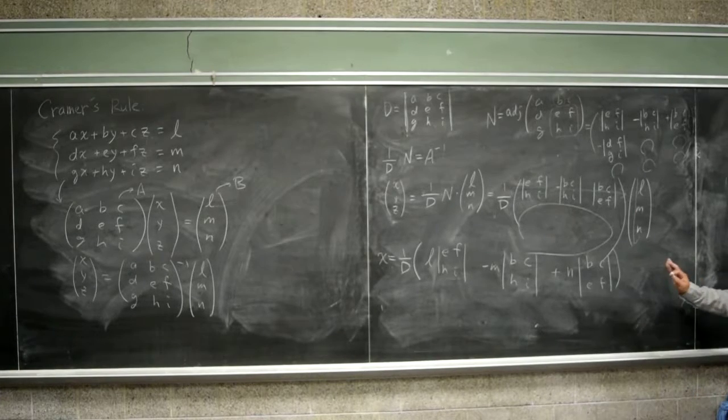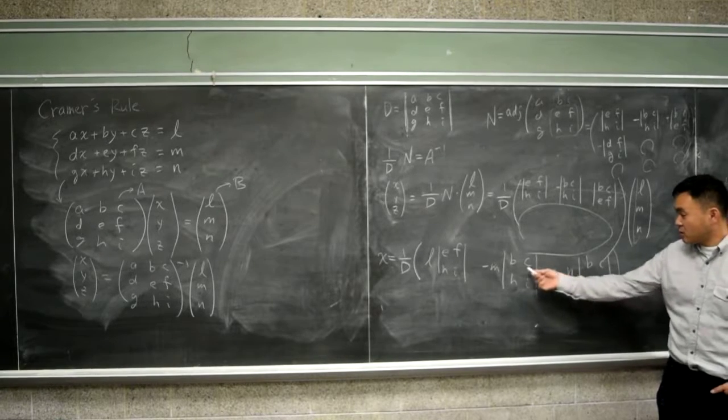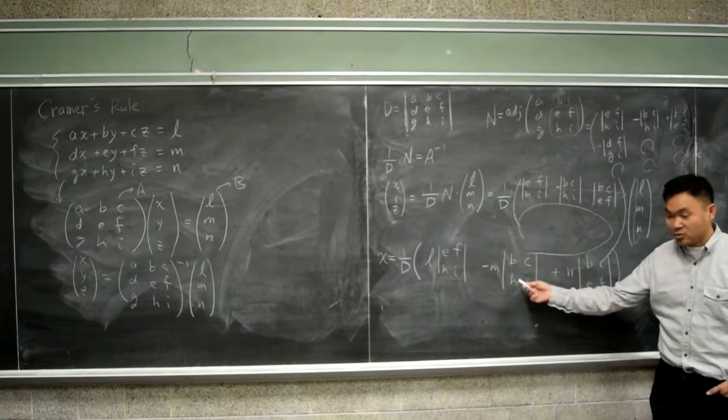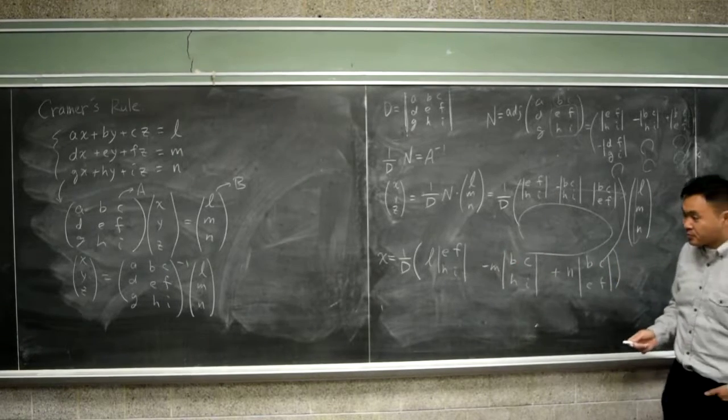Again, this is a number, not a matrix. You do B I minus H C times M, so that's a number. These are all numbers.